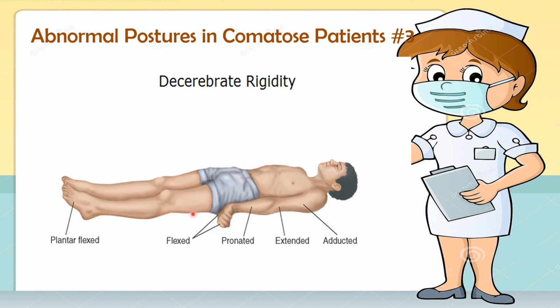The legs are stiffly extended at the knees, with the feet plantar flexed. This posture may occur spontaneously or only in response to external stimuli such as light, noise, or pain. This is usually caused by a lesion in the diencephalon, midbrain, or pons, although it may also arise from severe metabolic disorders such as hypoxia or hypoglycemia.